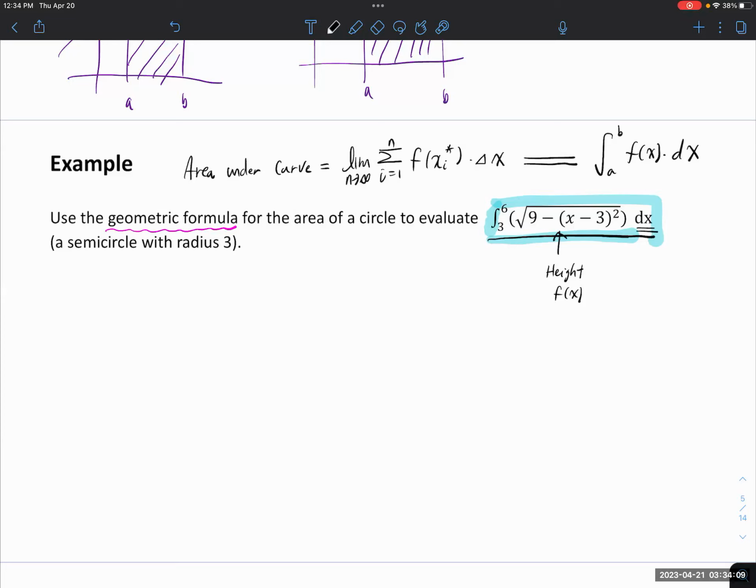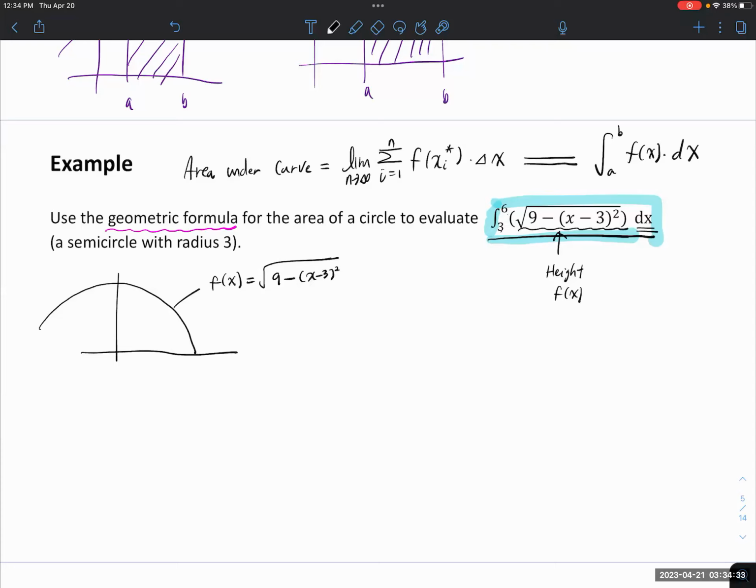So what does it mean here? We don't know what this function looks like, but it's a circle function somehow, and they're looking for the area. Let's say this is the square root of 9 minus (x minus 3) squared, and I want to find the area from 3 to 6.